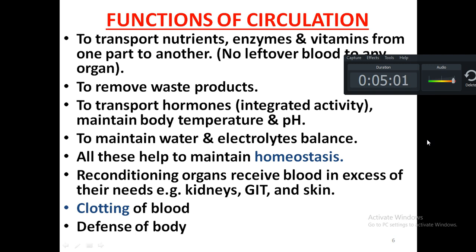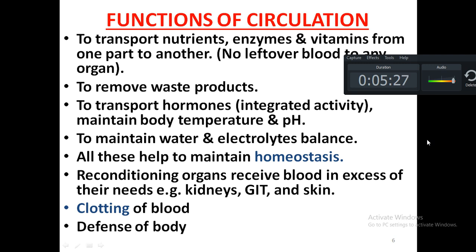Hormones are produced in different parts of the body, and they have to be transported to almost all the cells of the body. So this is the sole instrument which transports these hormones from one part of the body to the other. Secondly, it also helps the maintenance of the blood pressure, body temperature, and it also keeps the pH of the body at a constant value.